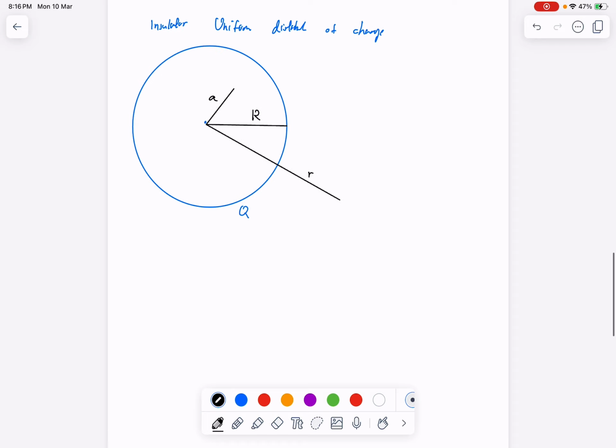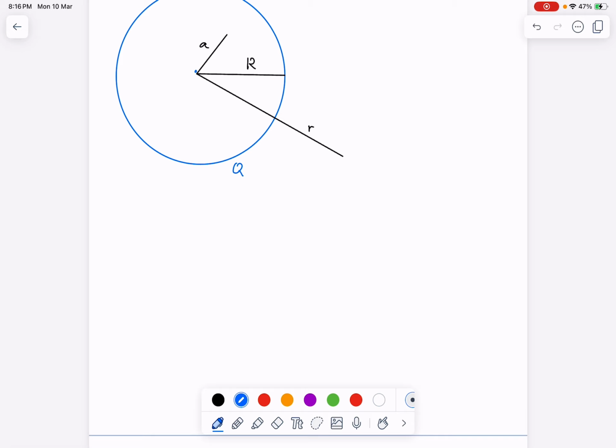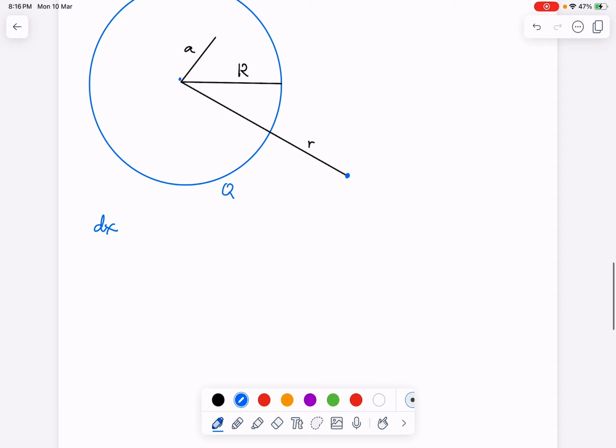So it has a charge of Q, and if you want to find the potential at this point, we have to first find the electric field. I'm going to use a new integration variable, dx here, because I use r here.